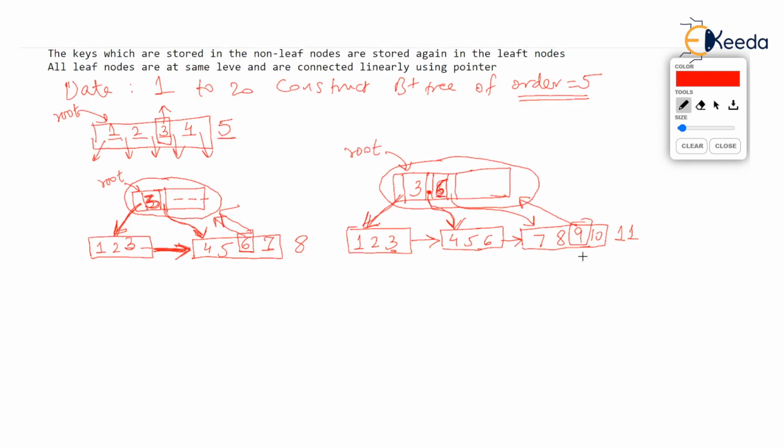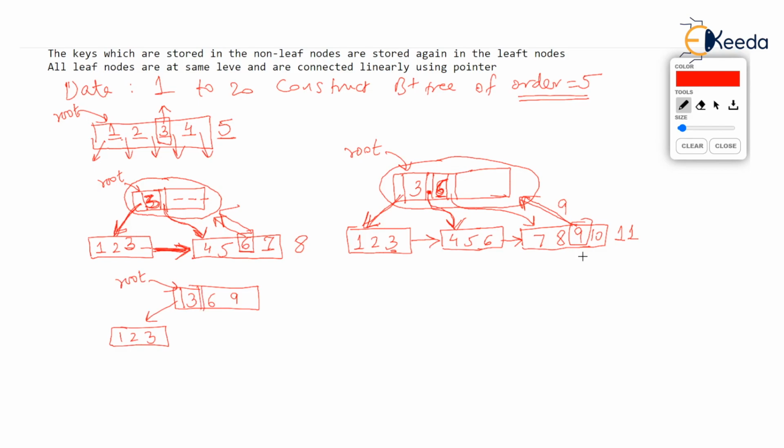But by the way, let's continue for a few more values. We are not going up to 20, observe. If this split occurs and 9 is sent up, what is the latest tree? The root now stores 3, 6, 9. Now the left of 3 will still point to 1, 2, 3 as shown in the earlier picture.